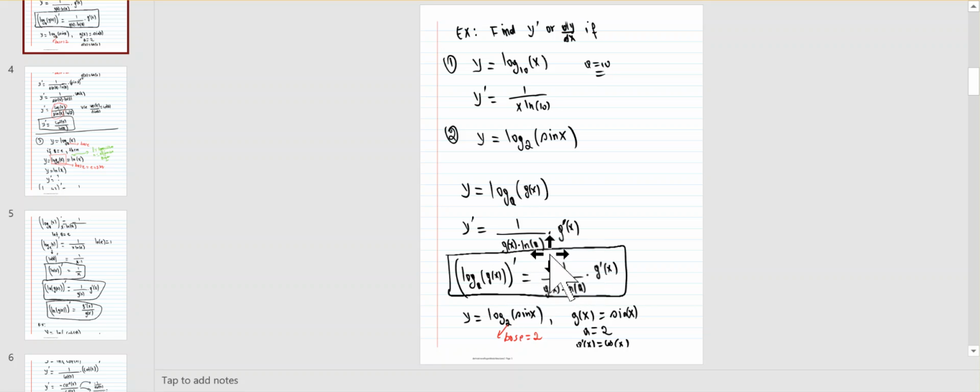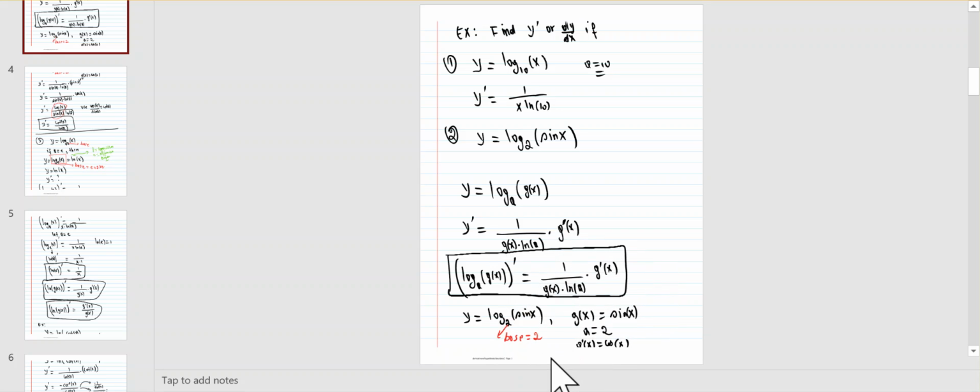Then the chain rule says to take the derivative of the inner function, so g prime of x. So you have 1 over g of x times ln of a, the whole thing multiplied by g prime of x.